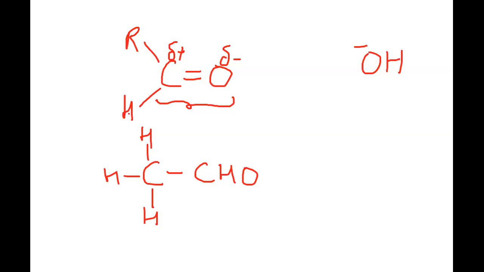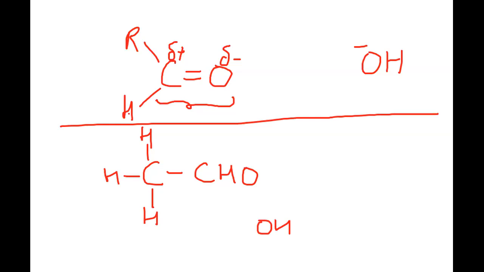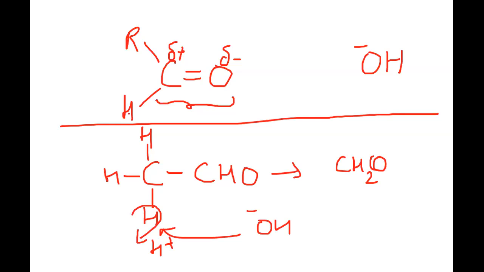So if this is one of the molecules which is going to undergo the aldol condensation, then you see this OH minus ion from the base is going to attack any one of these alpha hydrogens, and since it is negatively charged, this is going to come out as an H plus, and what you will be left with is a CH2 and a CHO.